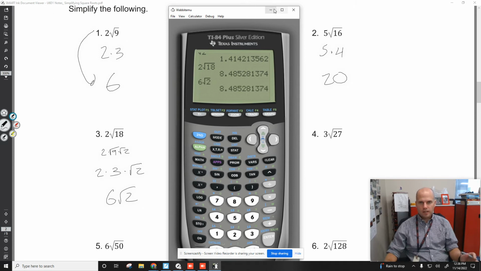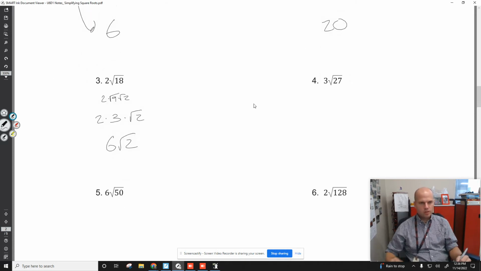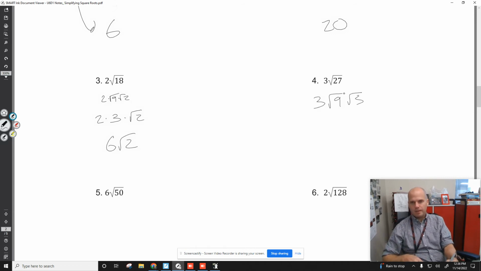I'm going to kind of blow through the other ones and get to the next part. Root 27 is root 9 root 3. 9 is the biggest number that goes in there. The square root of 9, type it into your calculator, is 3. 3 times root 3 is 9 root 3. I can check.